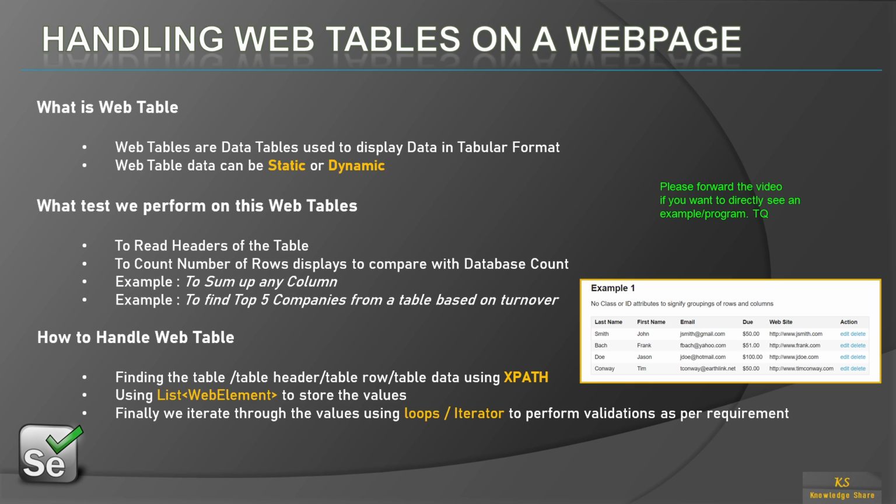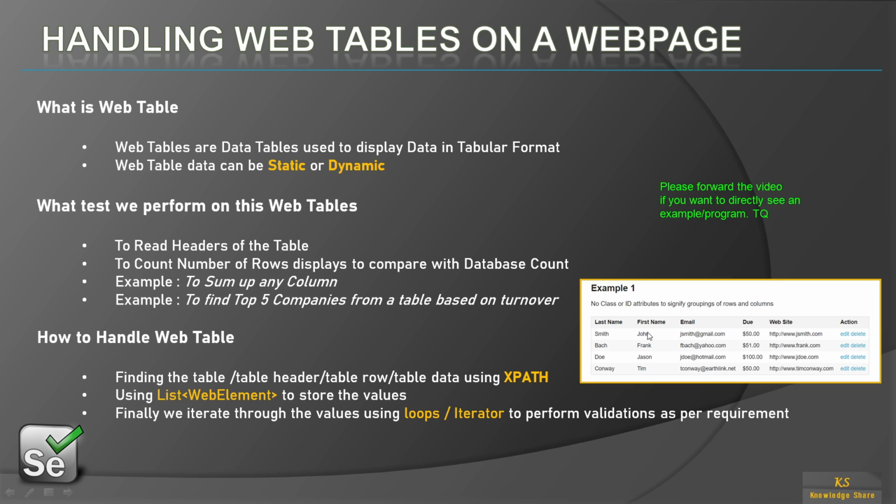So in today's session we are going to see just a simple example. We are not going to go for a complex situation or complex logic now. We are just going to see how to find the number of columns and number of rows on a web page. If you look at this picture, this is how a web table looks on a web page. You can see the last name, first name, email, due, website, action, right?